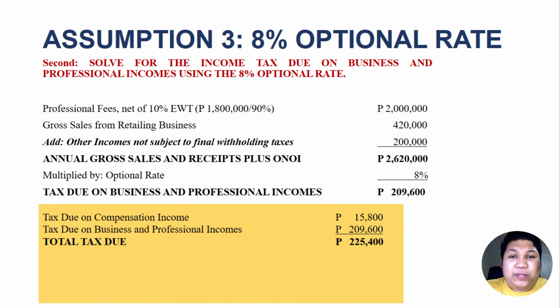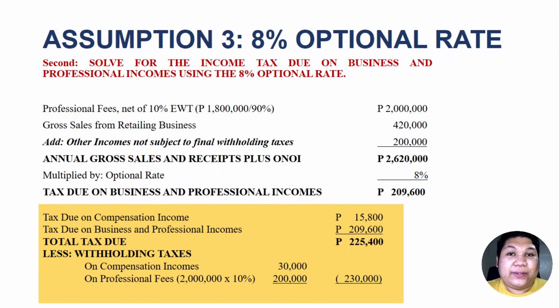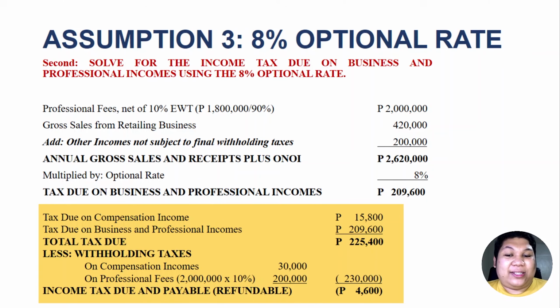This is the amount that should be paid by Juan, but Juan has withholding taxes on compensation and on professional fees, a total of 230,000 pesos. Therefore, Juan's income tax due and payable is actually refundable. It's 4,600. It's negative. It's refundable.